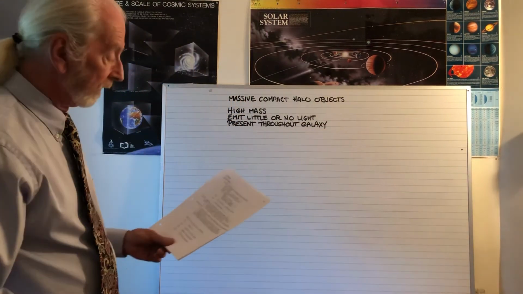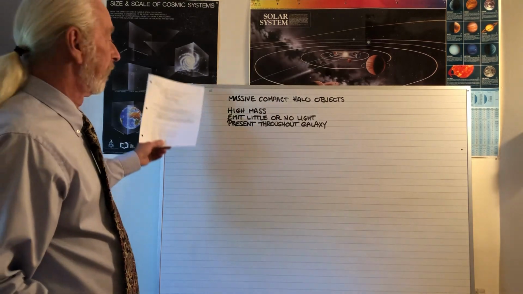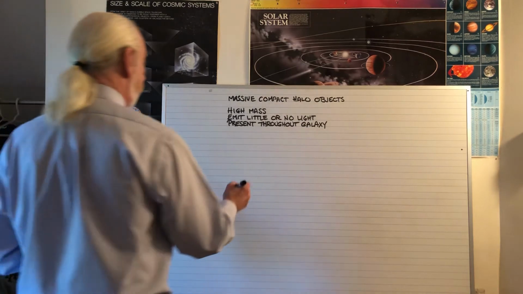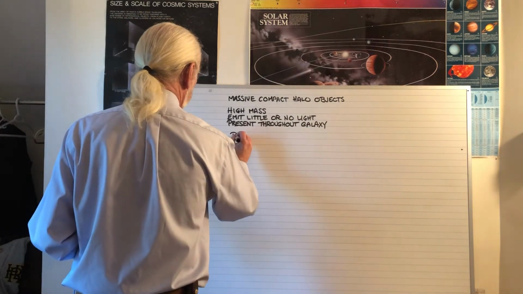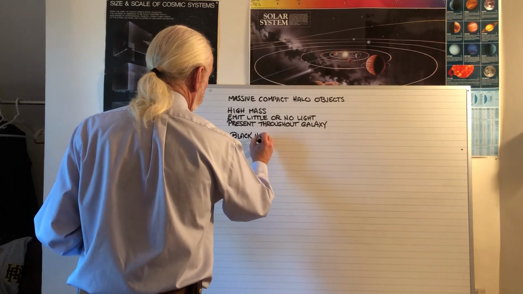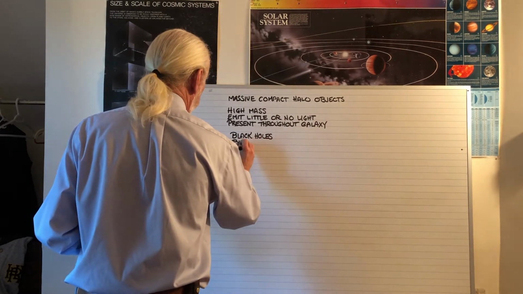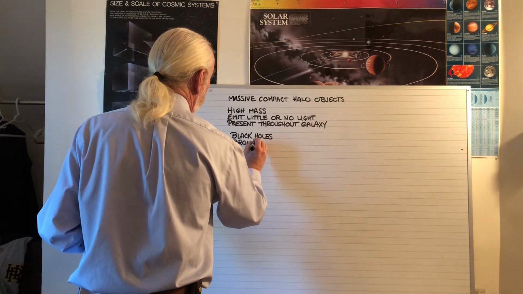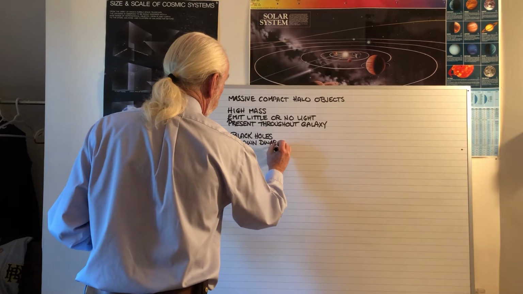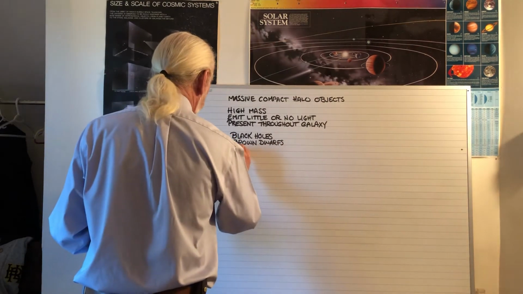Okay. All right. For these things to work, this is what they had to have. All right, so what were we looking at? Well, the possible candidates were black holes, brown dwarfs, that's a type of star, or neutron stars.